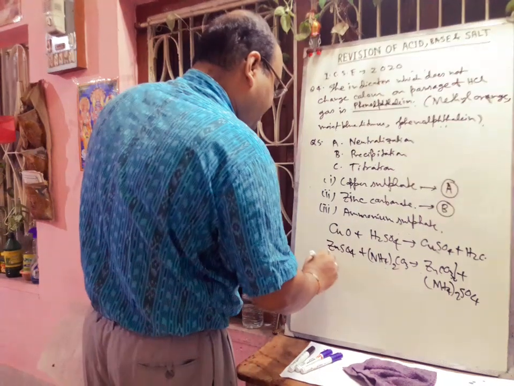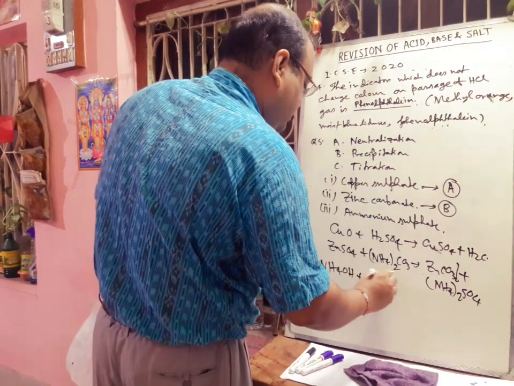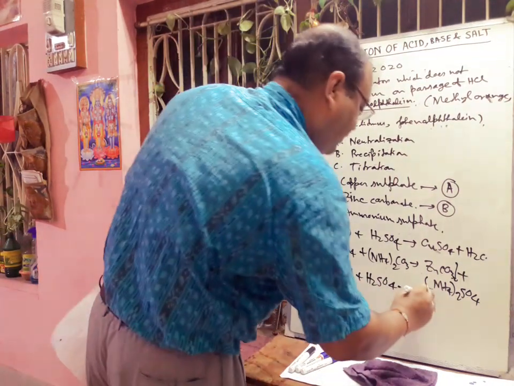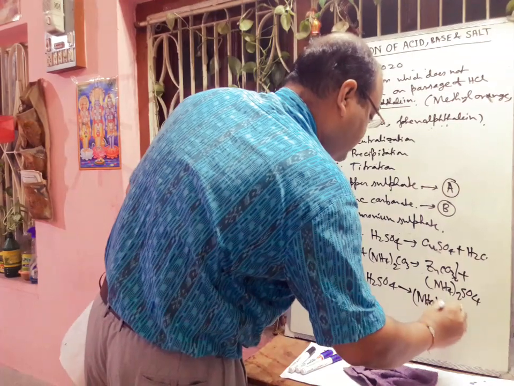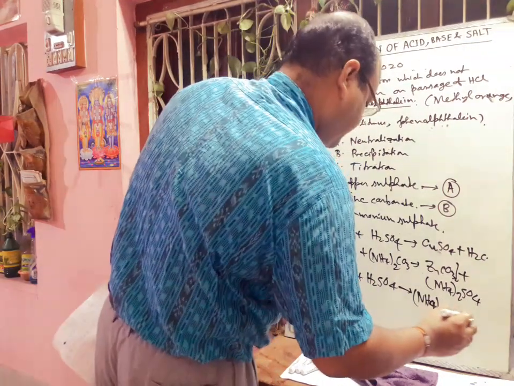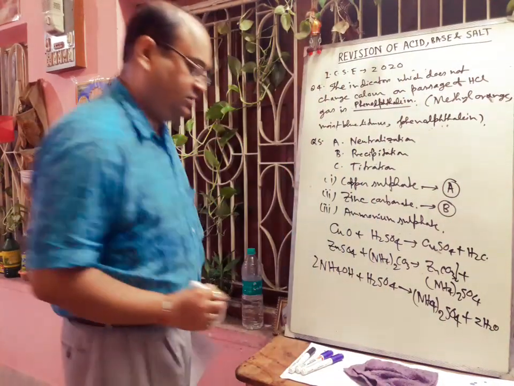And finally there is the ammonium sulfate method. Ammonium sulfate we can prepare by taking ammonium hydroxide and sulfuric acid, and it will produce ammonium sulfate plus H2. Here we have to give twice.